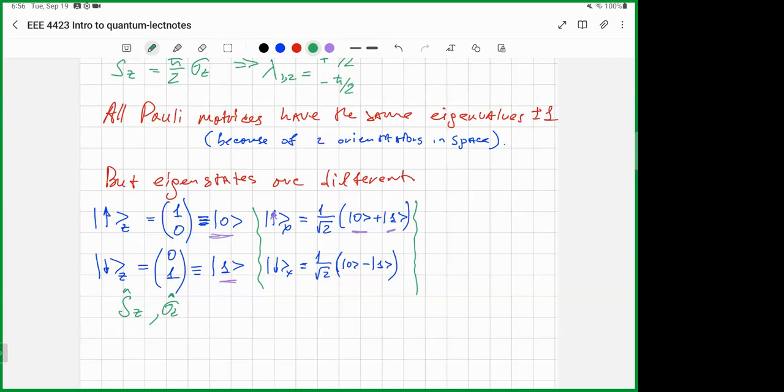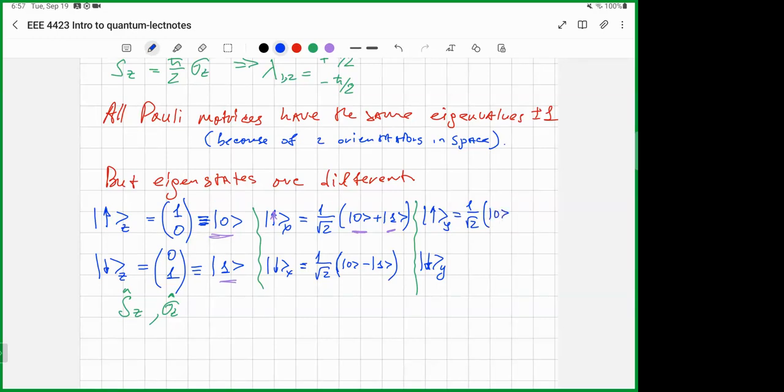And finally, for the y orientation of the spin, up y and down y, we get yet another pair of eigenvectors, almost like the one for x, but with an important difference.